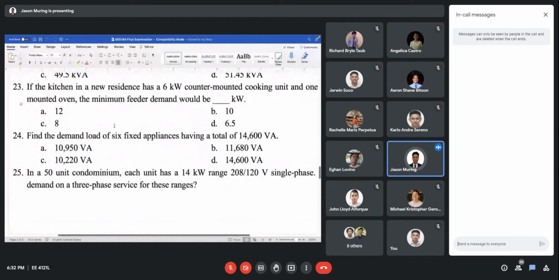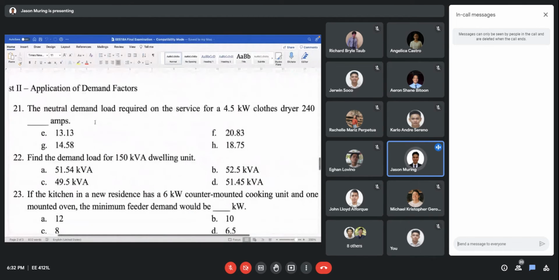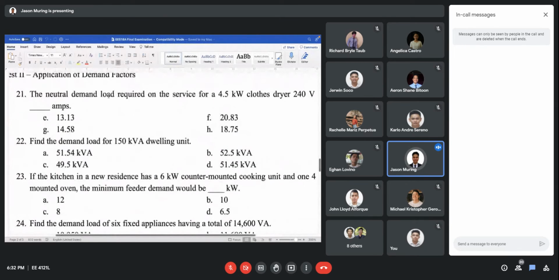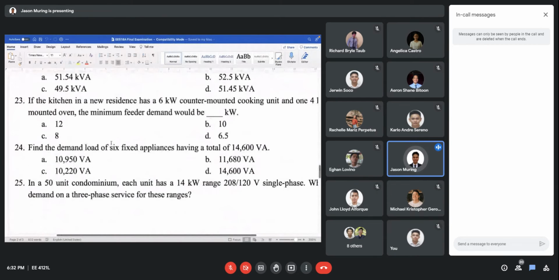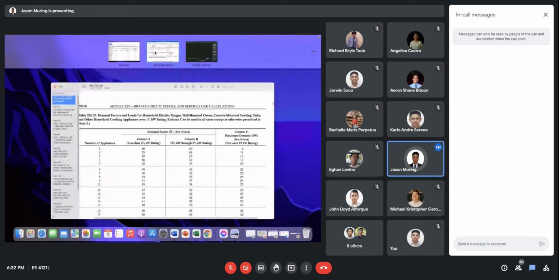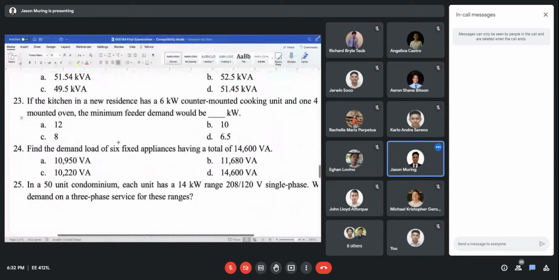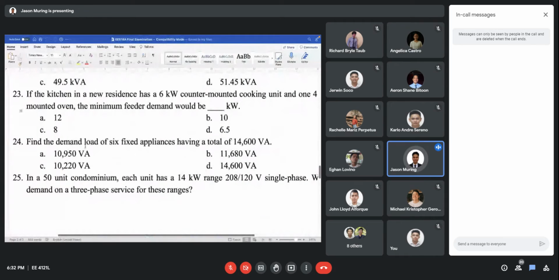So actually, in these problems here, we are targeting almost each of the components now in our calculations. I mean, in our dwelling unit calculations. Okay, so here it's about fixed appliances. Find the demand load for 6 fixed appliances. There are 6 and the total is 14,600 VA.